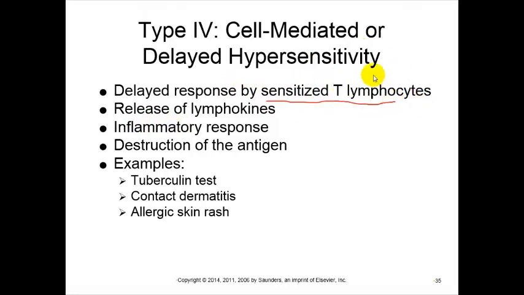Those T lymphocytes in our body are circulating. If they're sensitized to whatever that antigen is, when they come in contact with it, they release lymphokines, which are chemical mediators. And those lymphokines produce an inflammatory response. Okay, they're going to try to destroy that antigen.